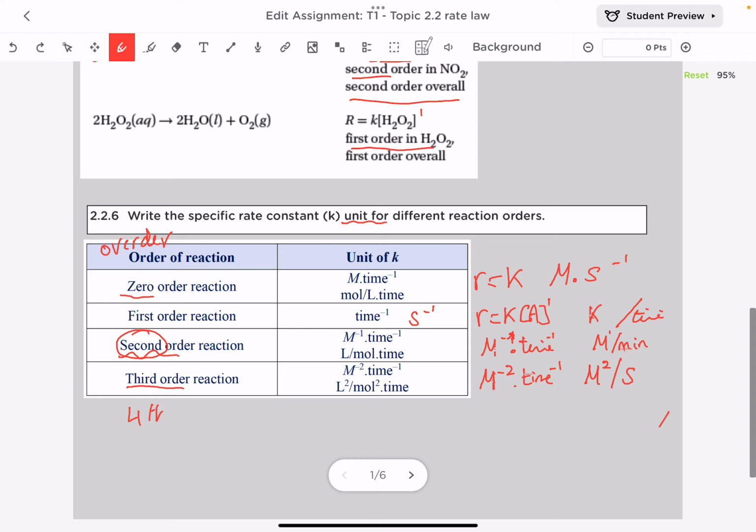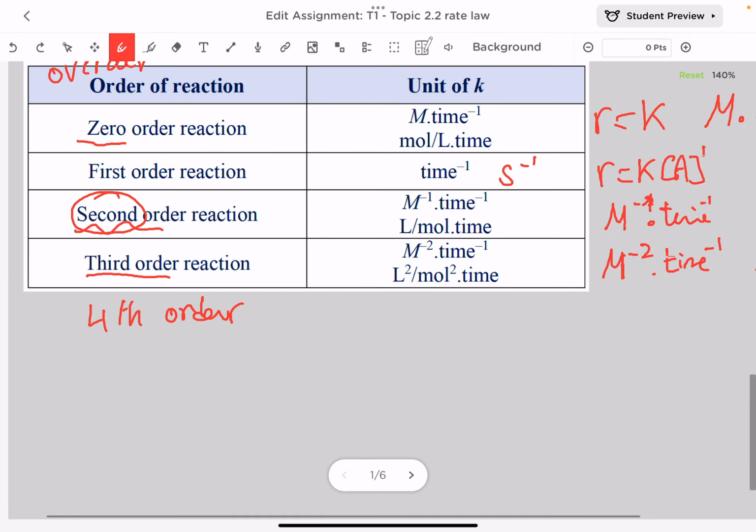If the reaction is fourth order, again the unit of K is going to be M to the power of minus 3, s minus 1. Fifth order, the unit of K is M to the power of minus 4, second minus 1, or as I'm telling you, minutes minus 1.